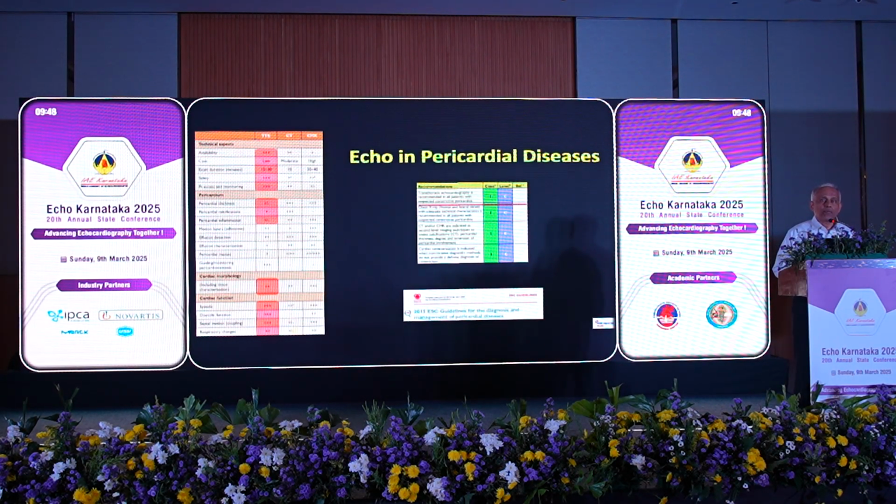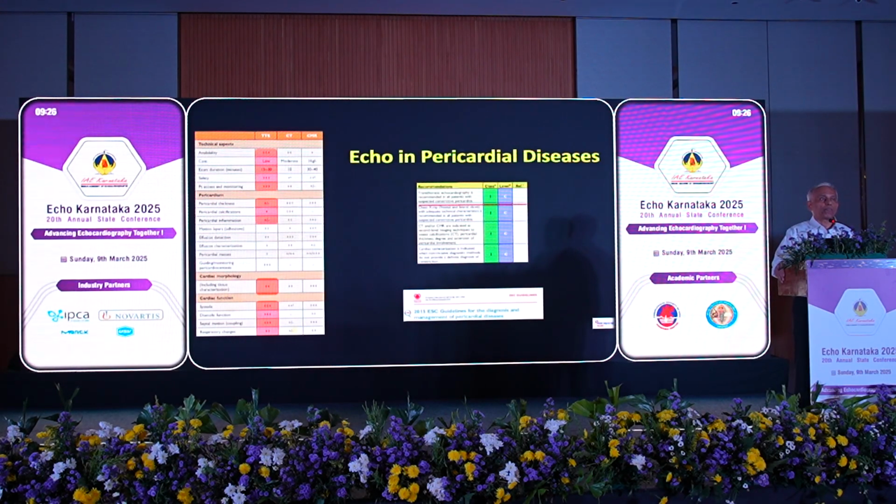Now, coming to the echo in pericarditis, this will focus mainly on chronic constrictive pericarditis, wherein you have pericarditis lasting for more than 3 months, and you look at the guidelines, and there are specific guidelines on the pericardium. Here echo always has to compete with CT and MRI, and echo has a lot of limitations.